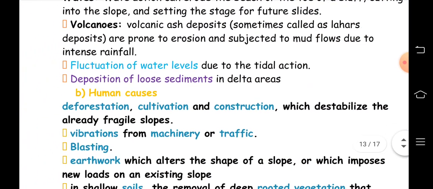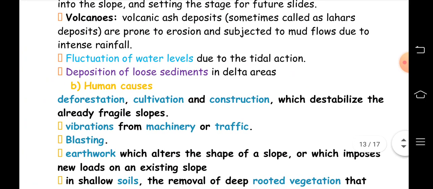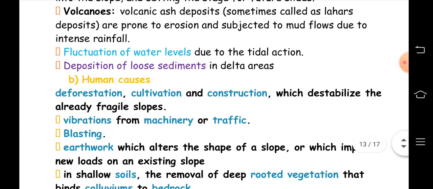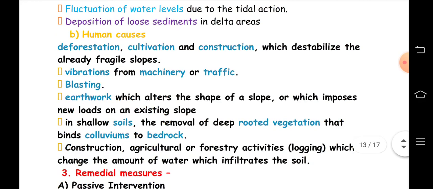Okay, and then the fluctuation of the water table due to tidal actions. Then the deposition of loose sediment in the delta area, these are also causes. Then the next is the human causes, or the man-made causes. These causes are the most important one.